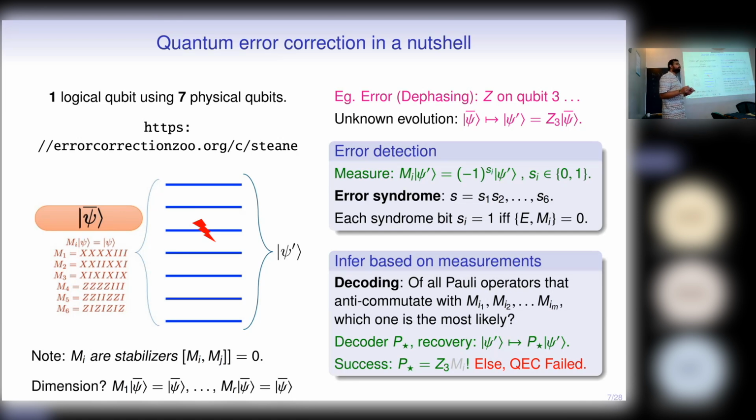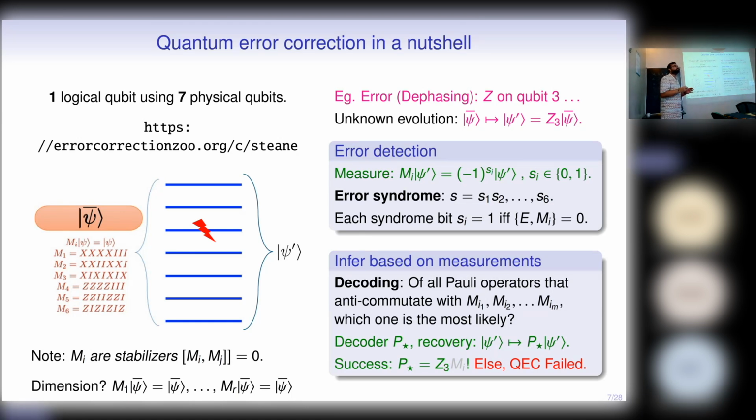There's a small subtlety. What if it's not exactly what occurred, but it's exactly what occurred times one of these harmless operators? Including or not these harmless operators doesn't change the encoded state. So if the error was Z3 or Z3 times M1, it has the same effect on this side. So there's a small freedom there.